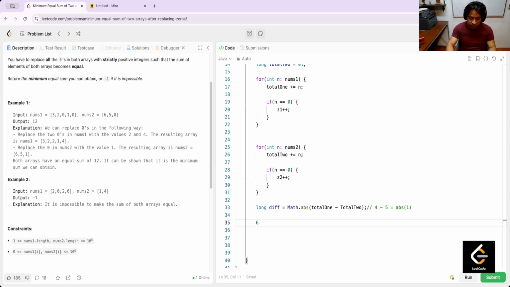Okay, and the other, trying to get the minimum total that I can reach after replacing the zeros by 1. In this case, 6, and the other is only 5.